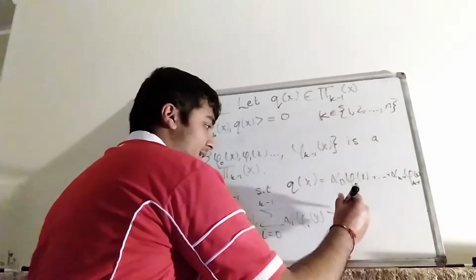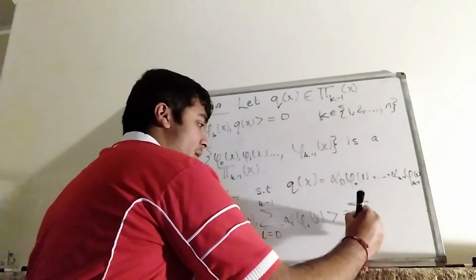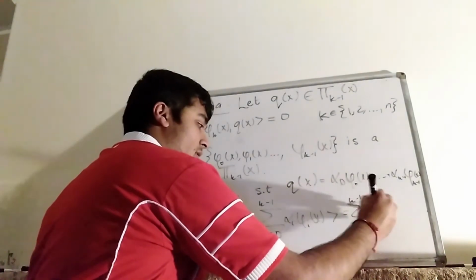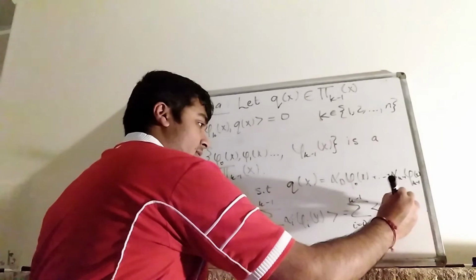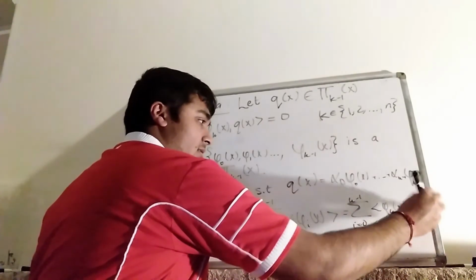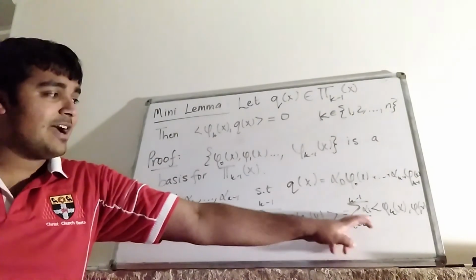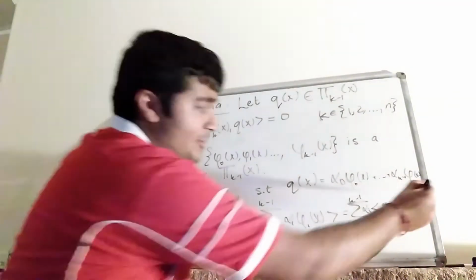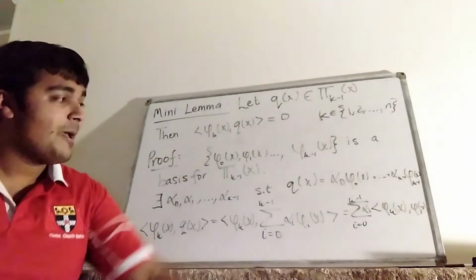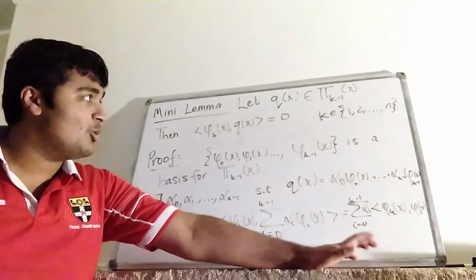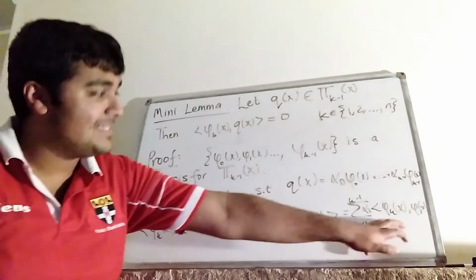So I can write this as the sum from i equals 0 to k minus 1 of alpha i times the inner product of phi k of x and phi i of x. But here's where the crucial orthogonality property comes into play.